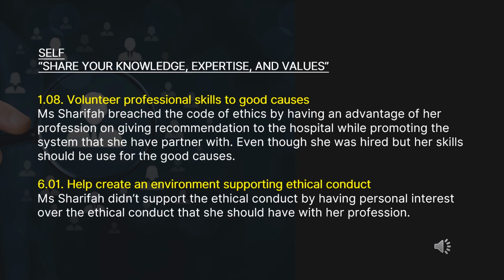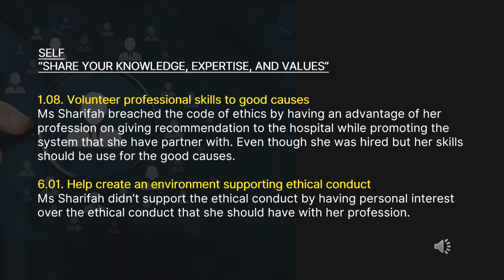On the next aspect, on self, share your knowledge, expertise and values. On clause 1.08, volunteer professional skills to good causes, Ms. Sharifah breached the code of ethics by taking advantage of her profession in giving recommendation to the hospital while promoting the system that she has partnered with.